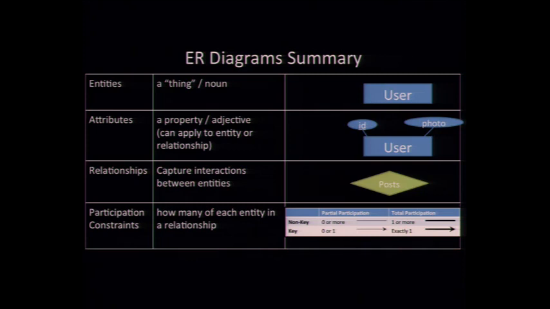So the question is, if you have total participation... no, I wouldn't necessarily say that's true. What participation constraints are telling you is that this entity has to be participating in the relationship.